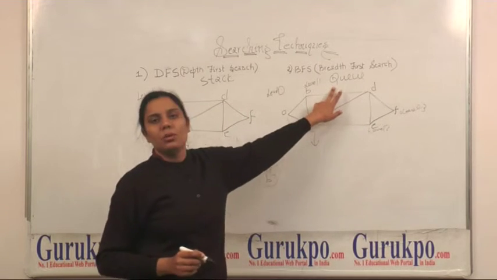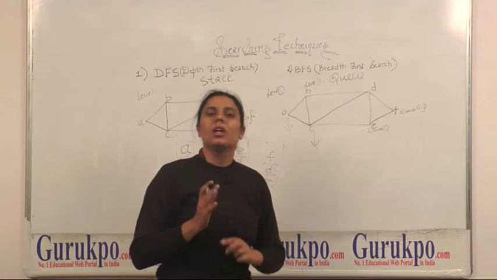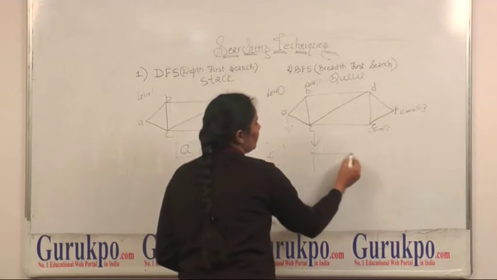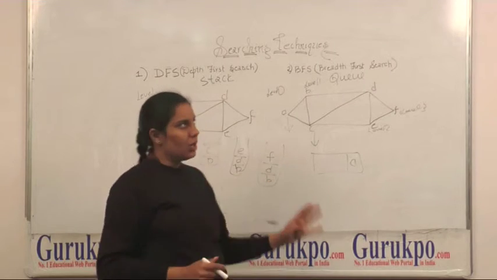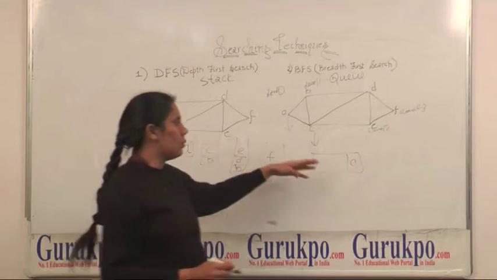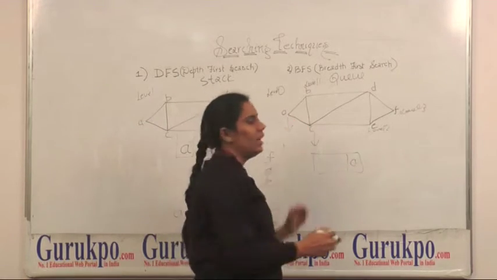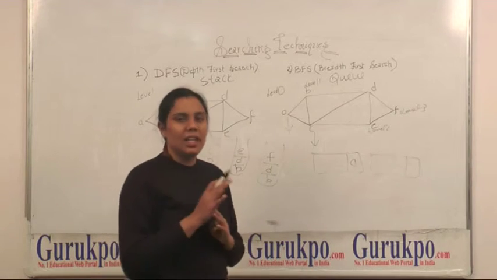As I have told you, we will be implementing breadth first search with a queue. A queue is first in, first out, whereas in depth first search it is last in, first out. We have A, right? Now the turn is of the child nodes, that is the connecting nodes.